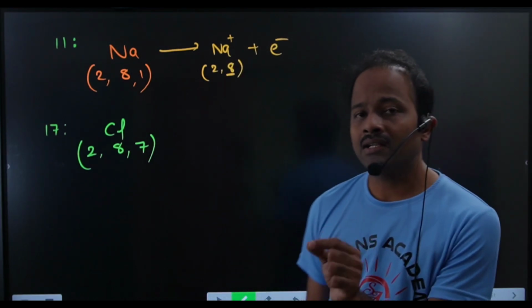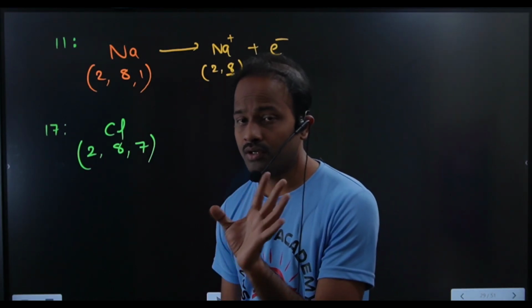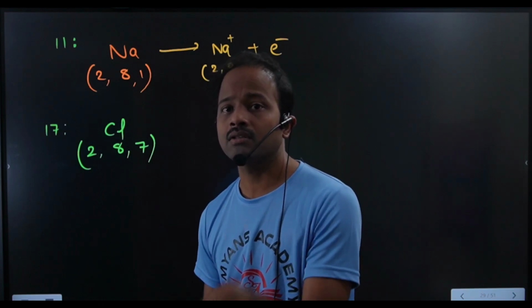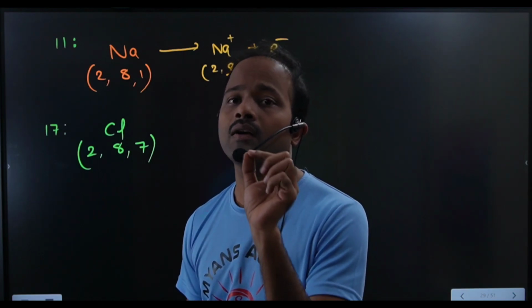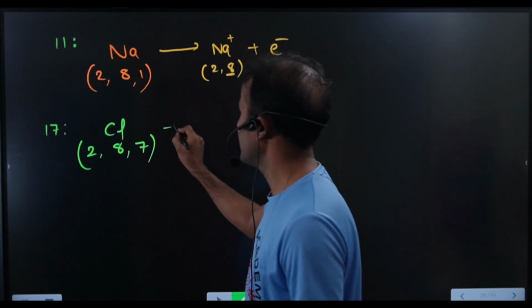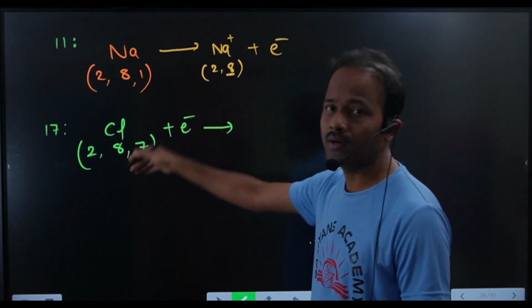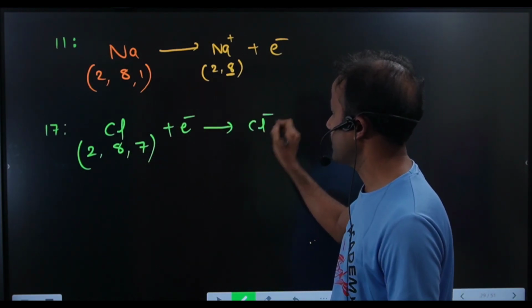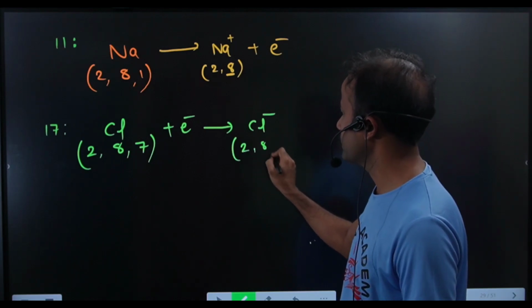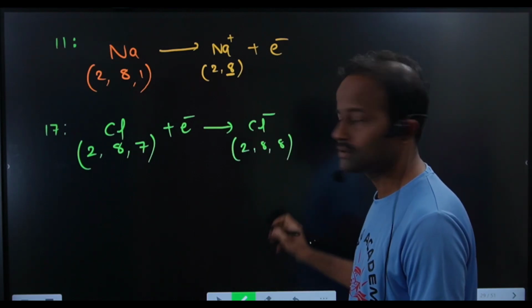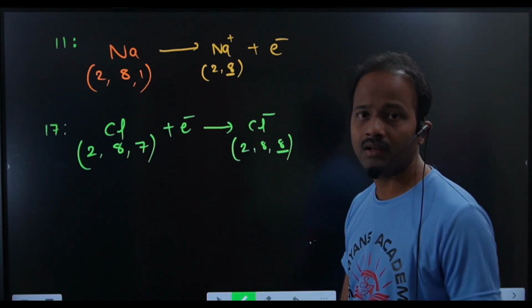So to get the octet or stable configuration, it requires 1 electron. After taking 1 electron, what will happen? The Cl will form Cl minus. After taking 1 electron, it will get the stable configuration, that is 8 electrons in the last shell.